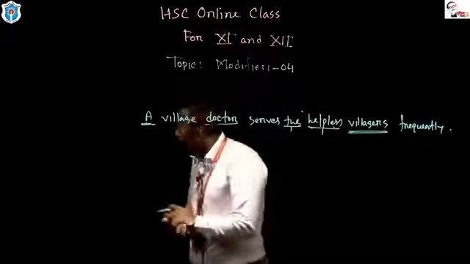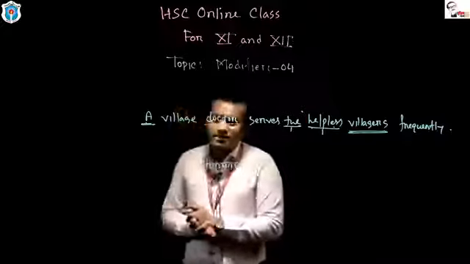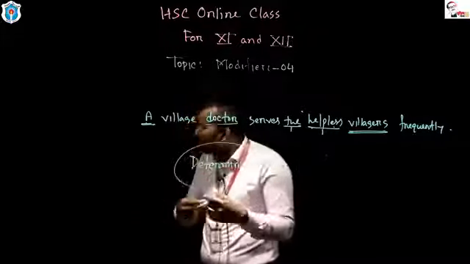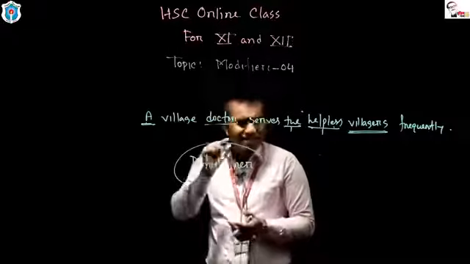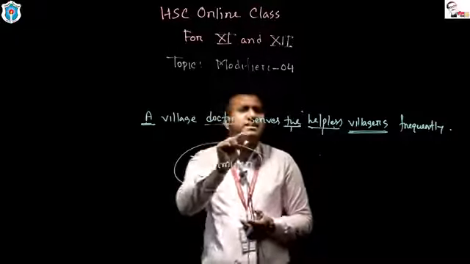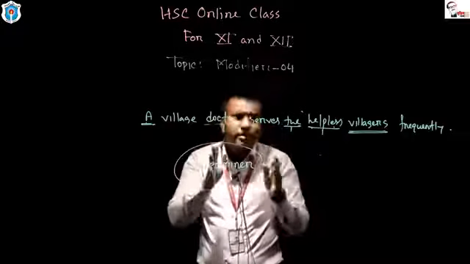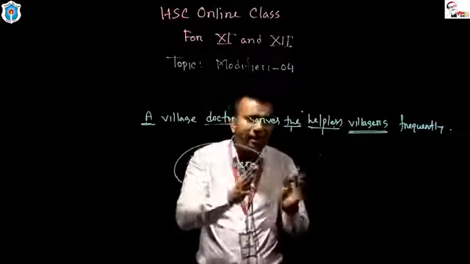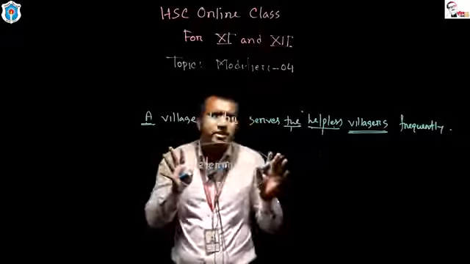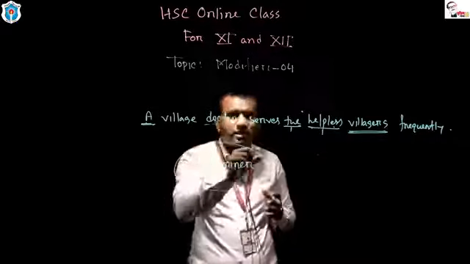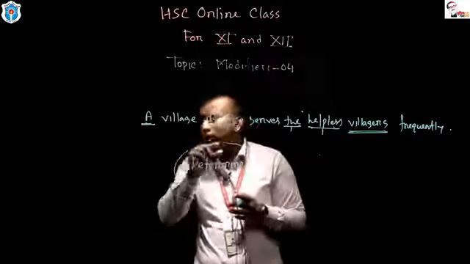Articles are called determiners. Clear to you? So I can say determiner is one kind of adjective. Try to keep in mind determiners are adjectives, but all adjectives are not determiners. I'm going to repeat, determiners are adjectives, but all the adjectives are not determiners.